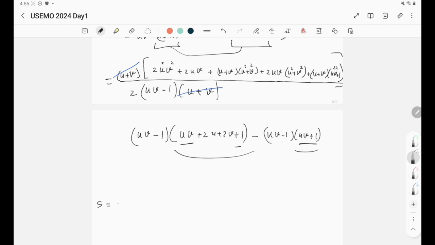So s is equal to this fraction that has 2uv minus 1. Very simple. But now let's just write the numerator. It's going to be, let's put everything that has 2 first.